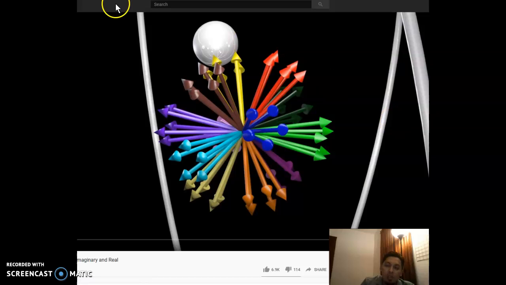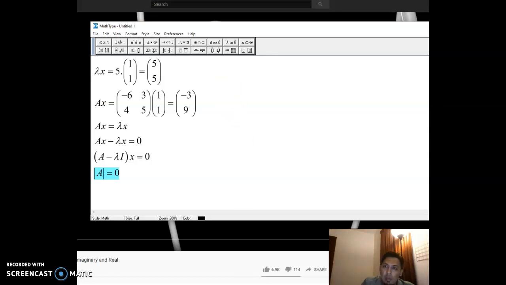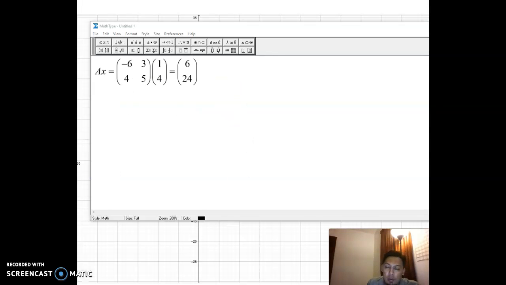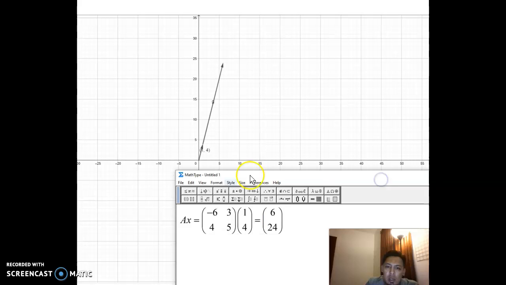Okay, so let's proceed with the calculation. Let me set it up first. Let's be clear a bit on what is eigenvalue and what is eigenvector based on our previous example. Based on previous discussion, this vector, when being multiplied with our matrix, will give us an expansion of a line without rotating, without changing to other direction.